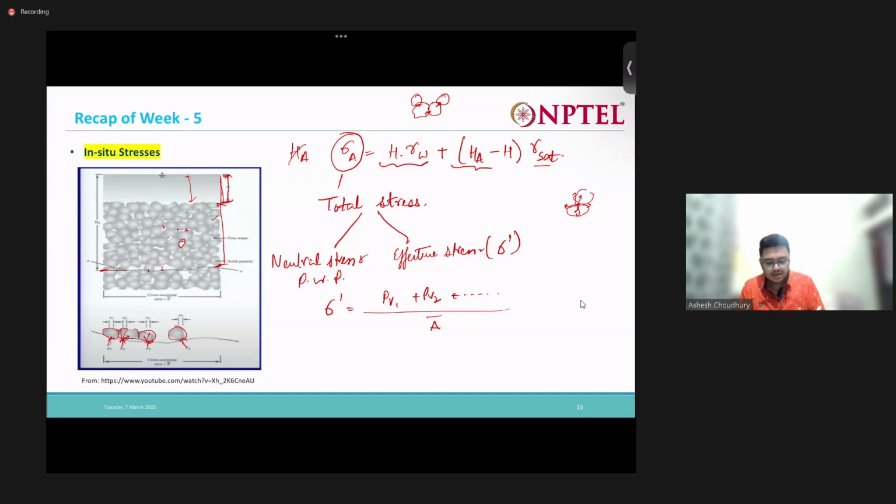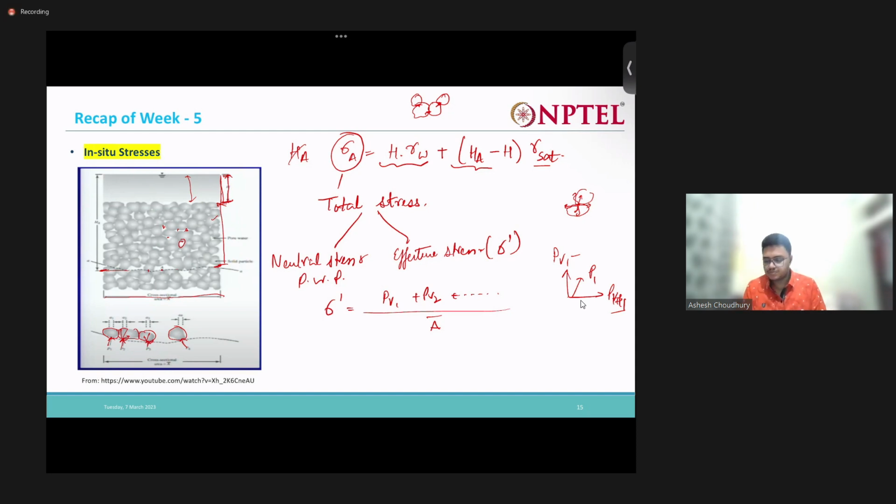Say this is my contact force P1, so this will have a horizontal component and a vertical component. The sum of all these vertical components divided by this cross sectional area, which is A bar, will give me the effective stress.